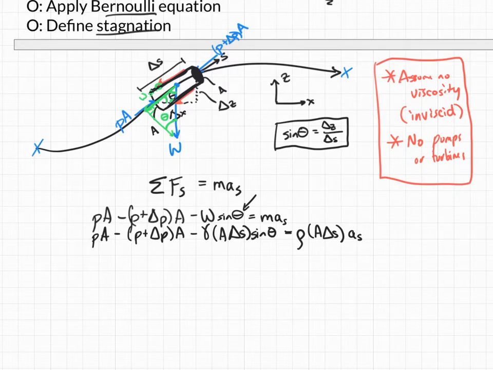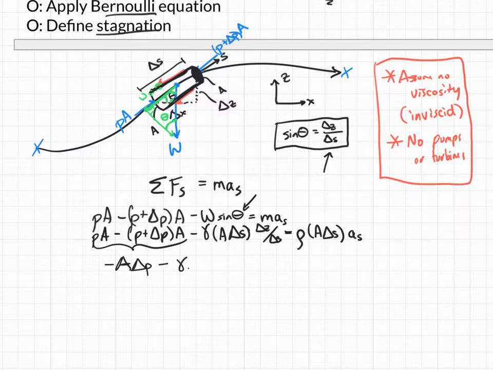Let's see, what else do we want to do? The last thing we want to do here is I'm going to replace this sine theta with this thing right here, so I'm going to get delta z over delta s. Hopefully you can see why I wanted to do that. Working downwards, this becomes negative delta P times the area. Maybe we'll make it area up front because that looks prettier.